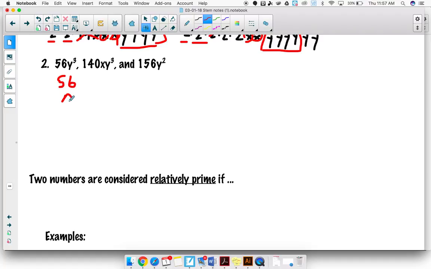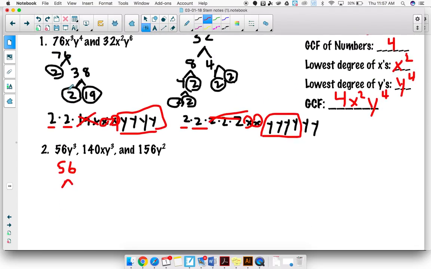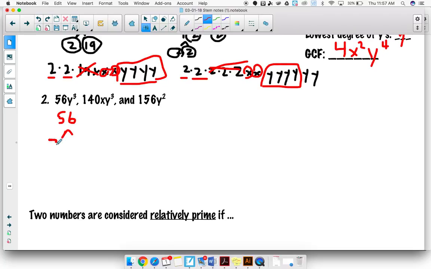I'm going to break 56 apart, and 56 would be 2 and 28, and then 2 and 14, and then 2 and 7. So really that's 2 times 2 times 2 times 7. I'm not going to use the 14 or the 28 because they're not at the end of the factor tree.